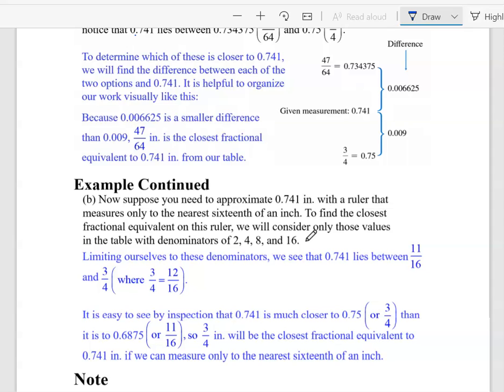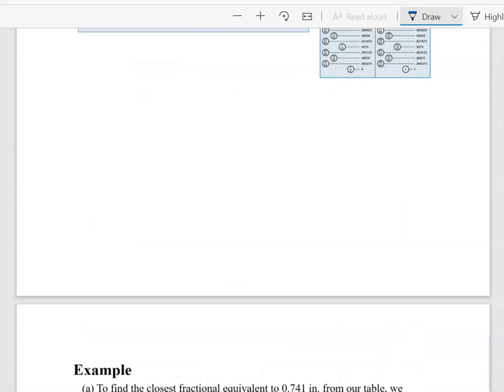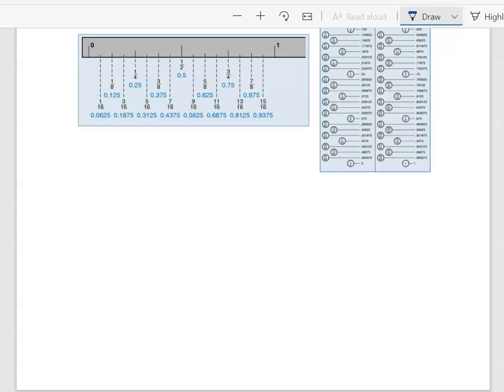So I'm going to slide up here to our ruler that's got some decimal equivalents. 0.741 is the decimal that we're trying to locate.